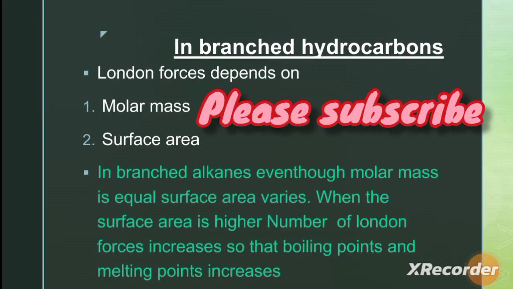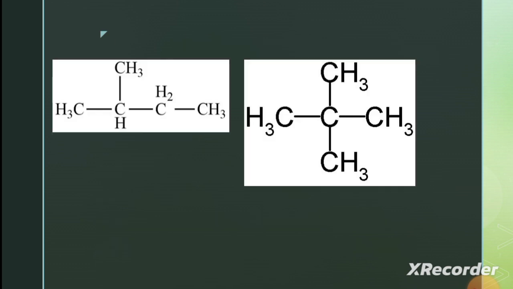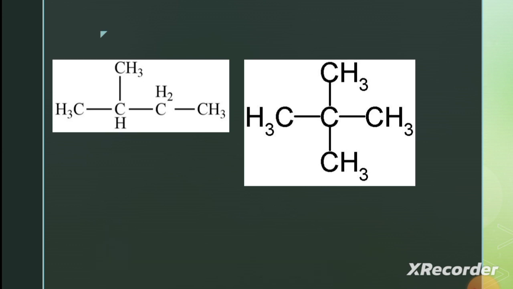It is a little bit different for branched hydrocarbons. So we said that London forces depend on molar mass and surface area. Here there are two alkanes. These are branched alkanes. The first alkane shown is 2-methylbutane, and the second shown is 2,2-dimethylpropane.